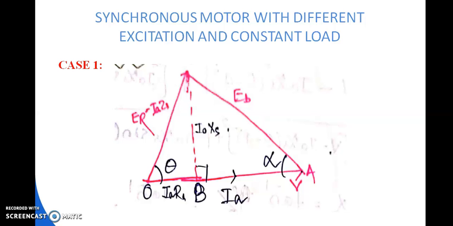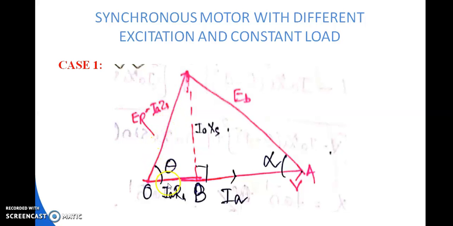same direction. And this is the back EMF developed, EB, and the angle between the voltage phasor and back EMF is alpha. And this is the resultant EMF, ER, whose formula is IA into ZS.